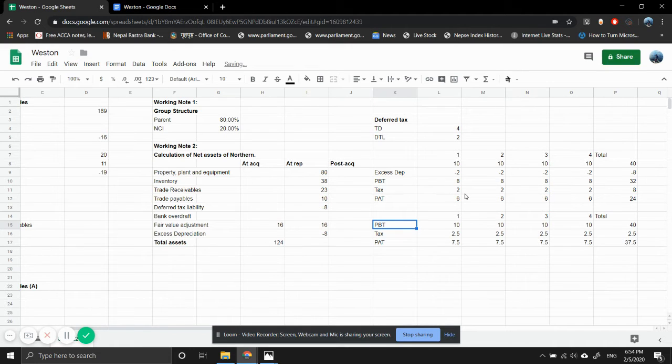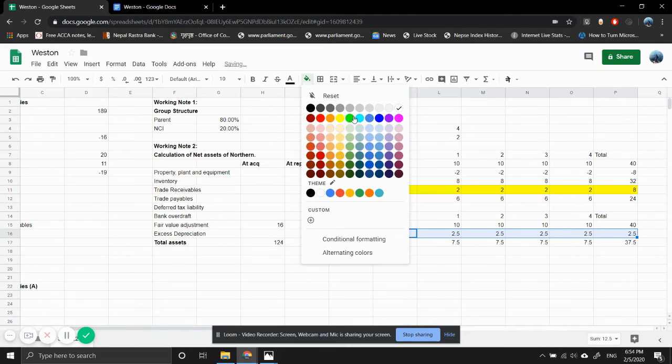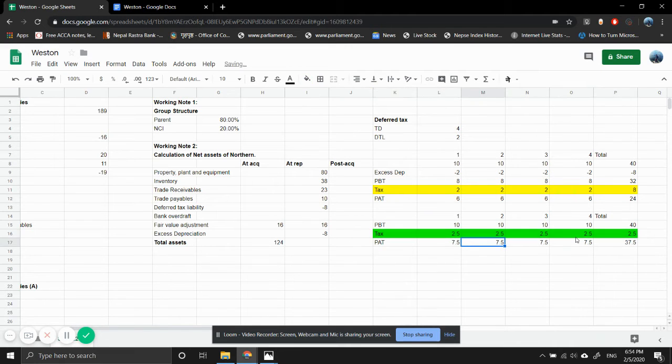So how has this impacted our tax? Due to the excess depreciation, the tax has been understated, right? Whereas the tax should have been this figure, right? So how much is the difference in this?